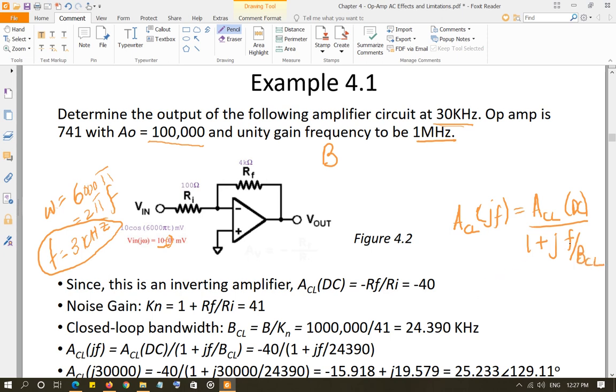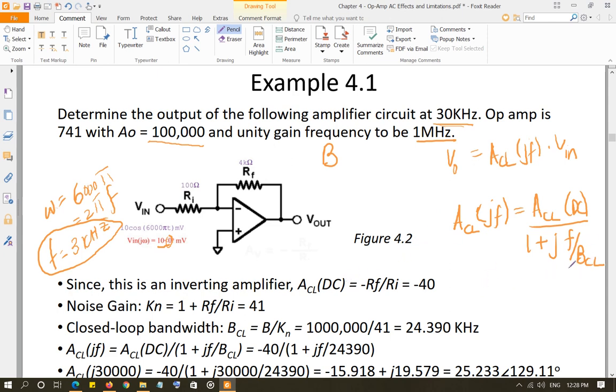So this f is my 30 kilohertz operating frequency. So I'm looking to calculate the gain at 30 kilohertz, and once I have the gain, then of course I can calculate the output. V out equals ACL jf times V in, right? Because again, gain is the ratio between output and input.